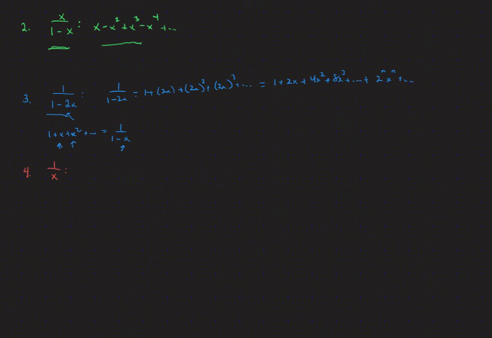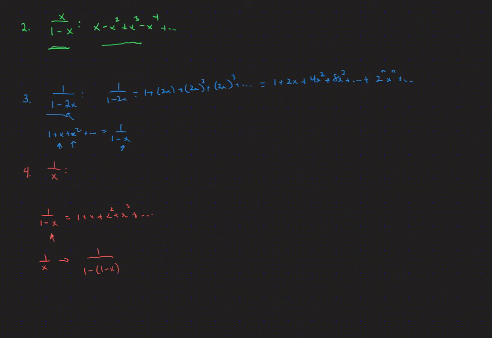Okay? All right. Now, the next one is kind of tricky. How do we get from our 1 over 1 minus x, which we know is going to be 1 plus x plus x squared plus x cubed, on and on and on, to make that look like a 1 over x? So here's your challenge. If we think of this as 1 over, and then go 1 minus, and then 1 minus x, do you see how when you distribute that, they're going to be equal to each other?